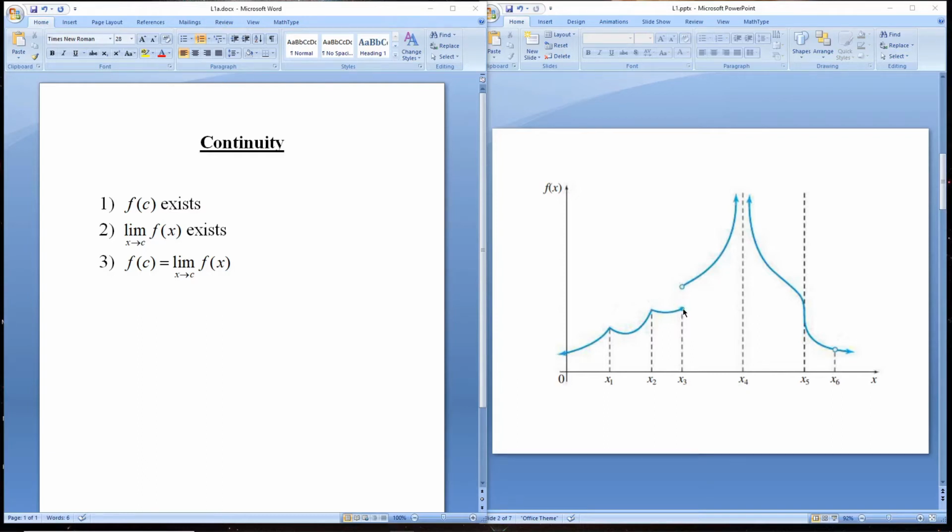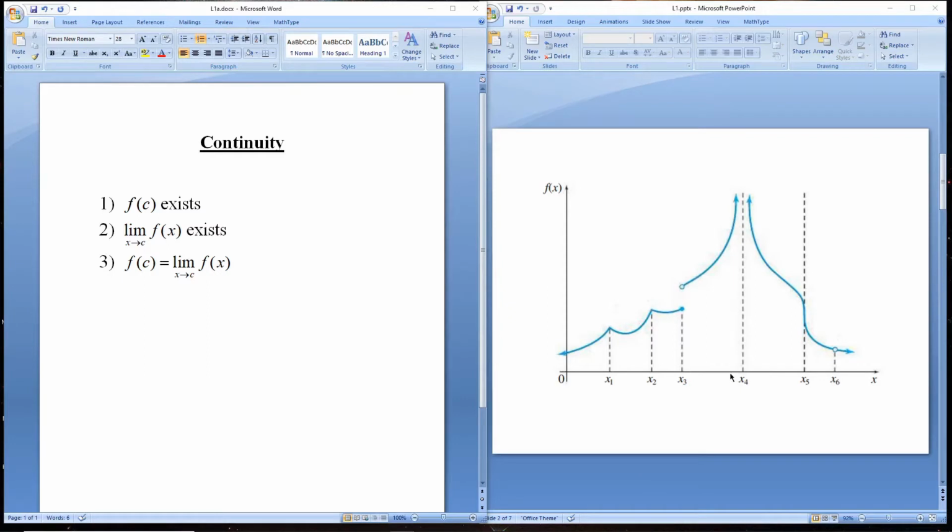It exists right here. There's the function output at a closed circle. So it satisfies 1. If we look at 2, this is a 2-sided limit. And if we look at the 2-sided limit, that's what fails here. So the left limit is down here, and then the right limit is up here. They don't equal, and so the 2-sided limit doesn't exist. And so it's actually property 2 here that fails for a gap.